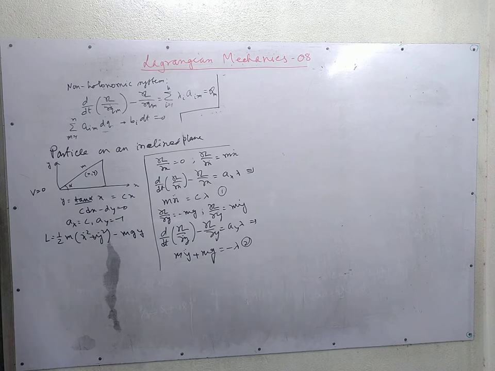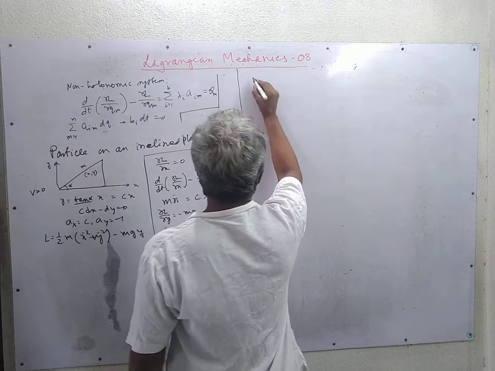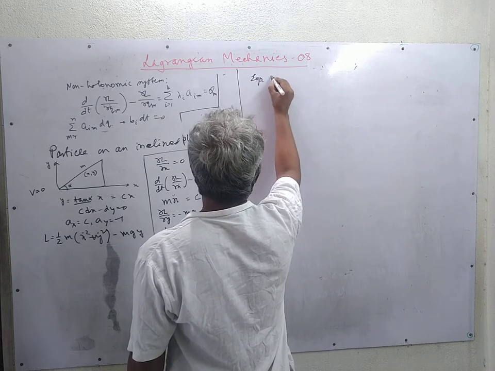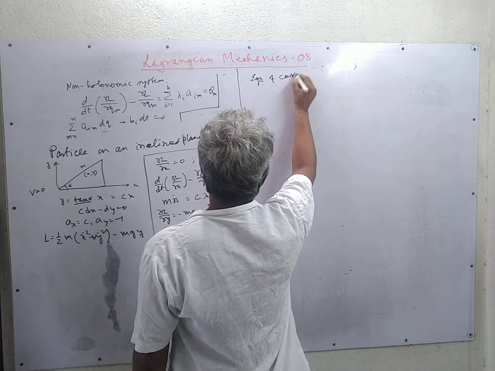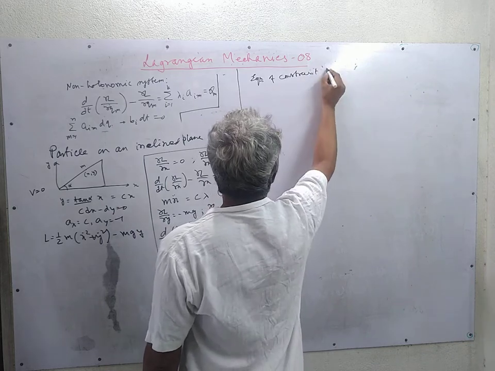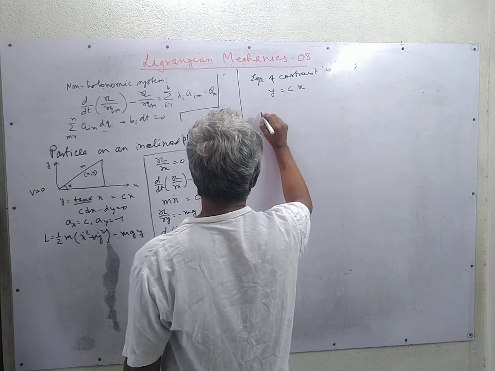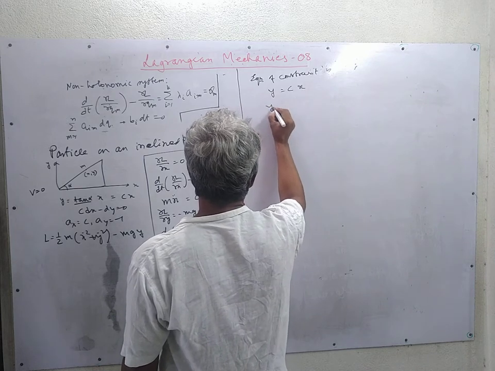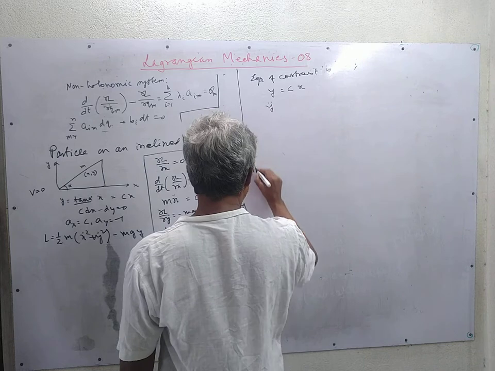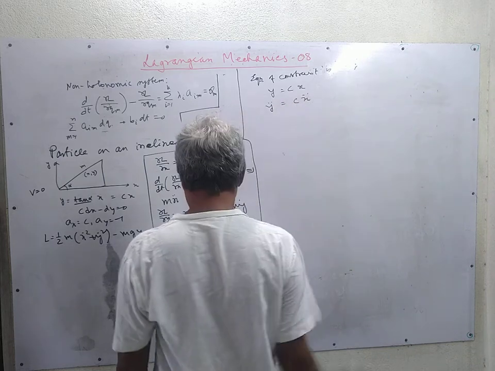Now we can write the equation of constraint further as y is equal to Cx. If we differentiate it twice with respect to time, we get y double dot is equal to C x double dot.